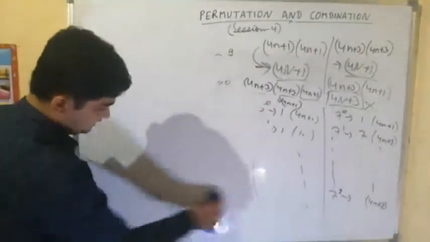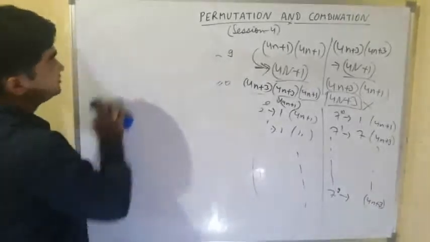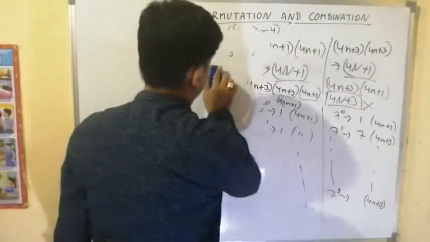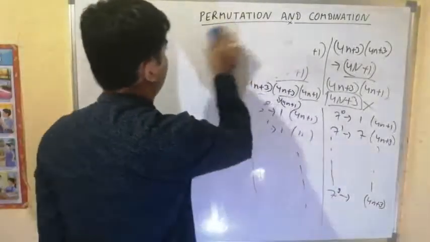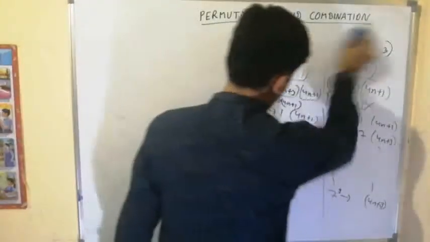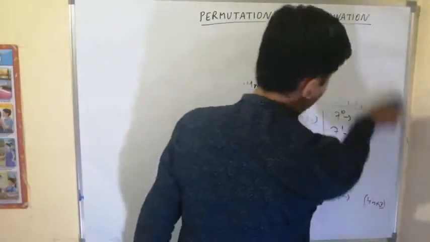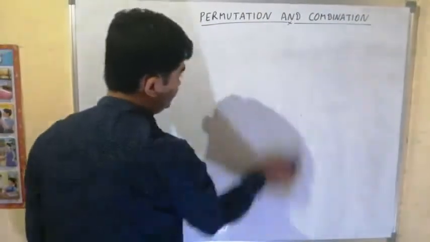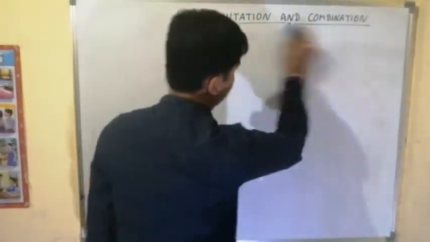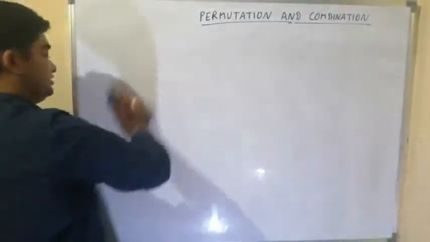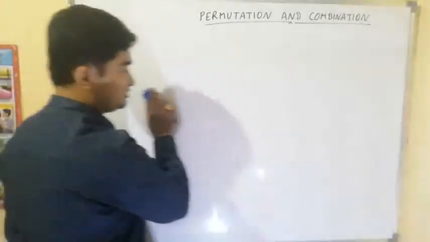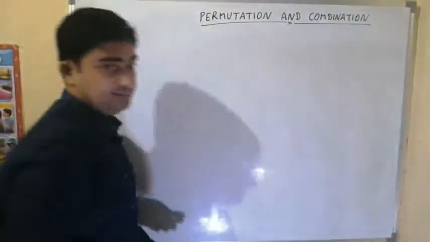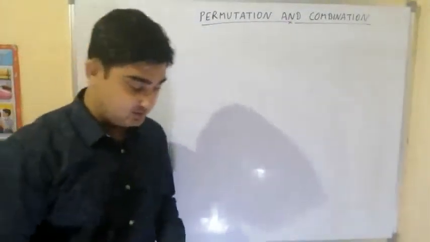Today also we'll discuss that topic, division in groups, but the difference will be that in the last session we knew what was the group size, but in today's session we will not know the group size. Still we will find out the number of cases where any group size is allowed. So what are the total choices that we will discuss today?